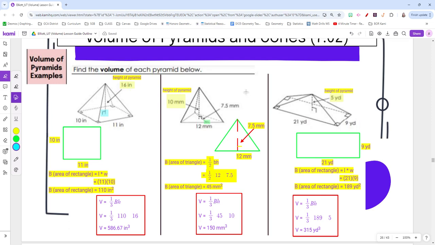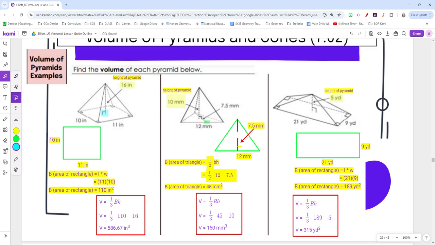So I need to know what the actual height of that triangular base is. And think about this green triangle as being flat on the ground or flat on that bottom surface. So the first thing I'm going to do is find the area of the triangle. So 1/2 times 12 times 7.5. And that gives me 45 millimeters squared.